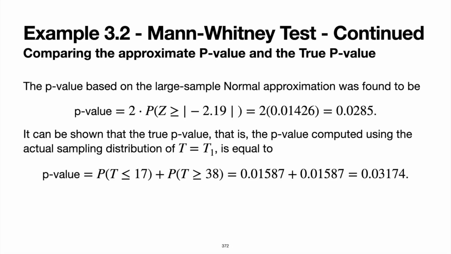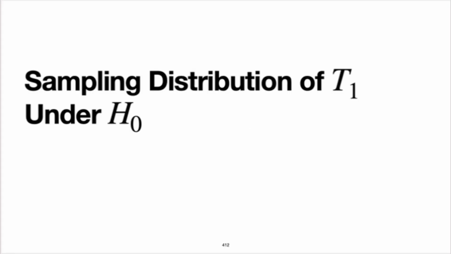Based on that, the true p-value for this test is equal to 0.03174. So we see there is a difference, but it's not terribly large, and it's not too bad considering that the total sample size is only 10. I think that's really encouraging when we think about when we might be able to use this approximation to the Mann-Whitney test. Anyway, that wraps up example 3.2.